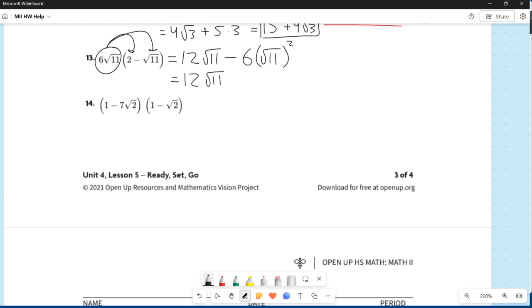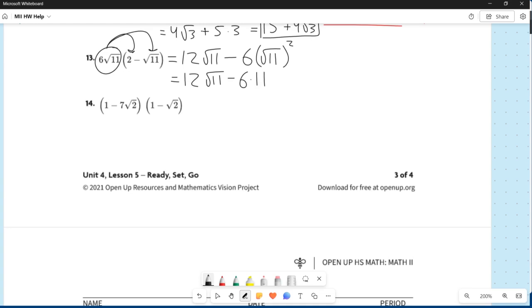That's about as simplified as I can get it, because 11 is prime here, so we can't simplify the square root of 11. The second term, my 6 is still hanging out, and as we saw with number 12, when you have the square root of something squared, that simplifies to just the number itself.